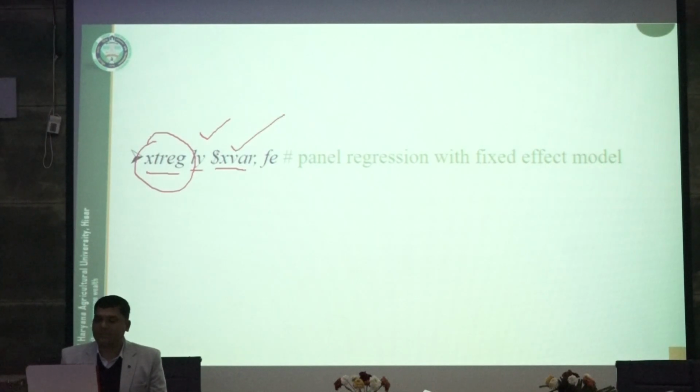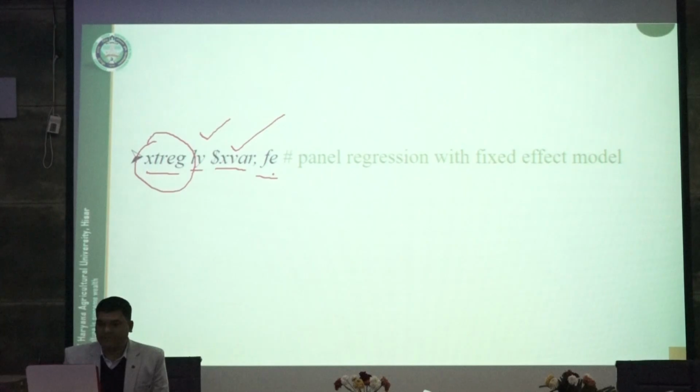This dollar is the sign to use these stored variables in a single variable. Okay, here xvar is not a single variable, it has three input variables, and this fe stands for a fixed effect model.